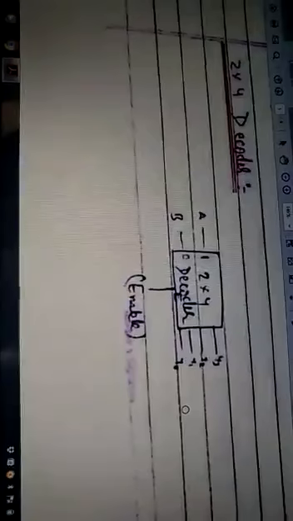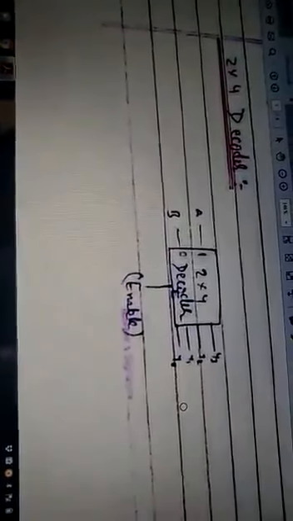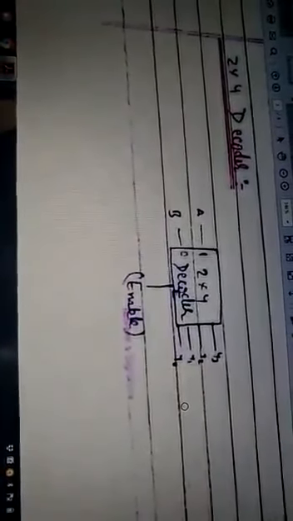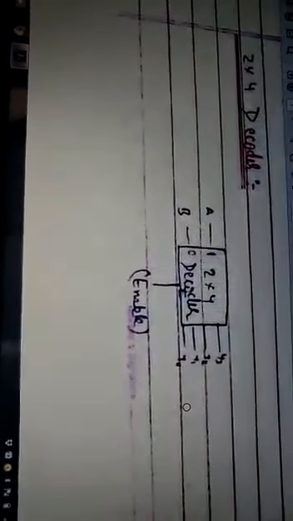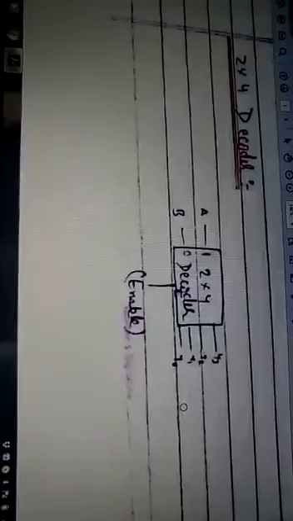So the basic decoder is the 2 cross 4 decoder. Here 2 cross 4 means 2 for input and 4 for output.